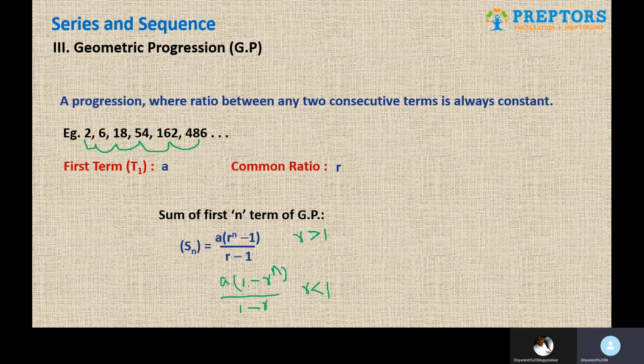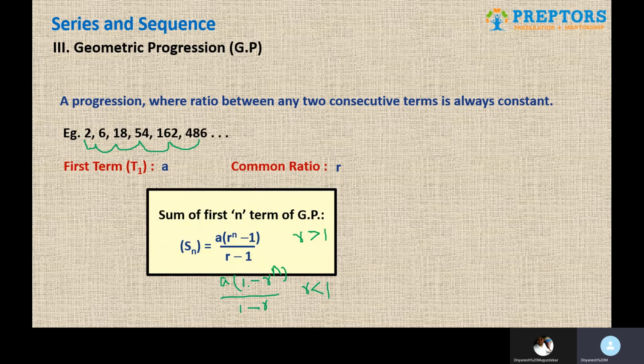So you can use whichever you want, or you can remember any one of them, as long as you are able to take into consideration the sign change factors. If you're good with that, no need to worry at all. So these are all the formulae as far as geometric progressions are concerned.